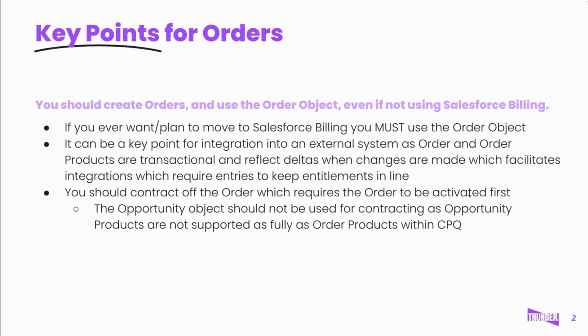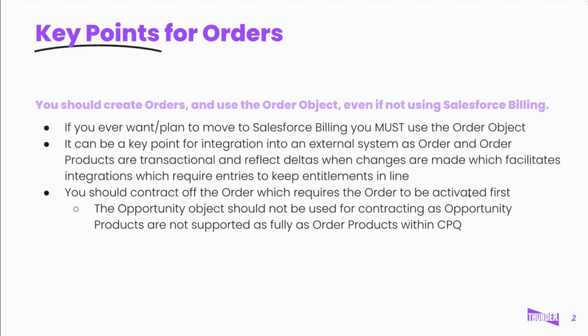And what we mean by that is there's a lot more flexibility that you have to make changes to order products. And you also have a lot more flexibility with customization to different page layouts that users view on the order products, as opposed to being boxed in to using some of the standard fields that come on the opportunity products.